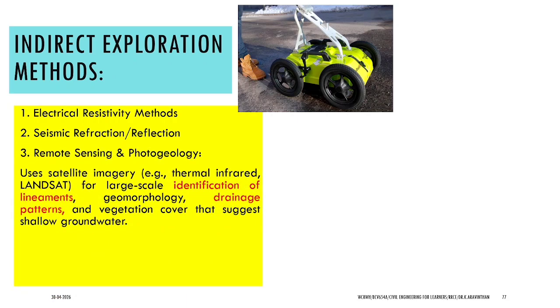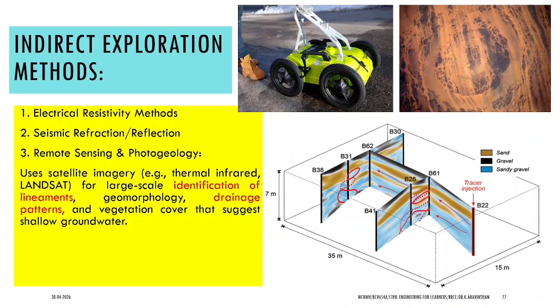Third method is remote sensing and photogeology. What do you mean by photogeology? Through the satellite you can understand the overall layer. It is very difficult to do a bore for a state or for a village. It takes more work and more funds to get detailed information.